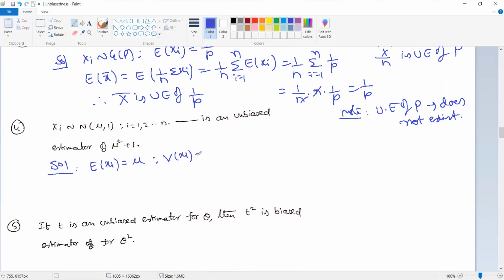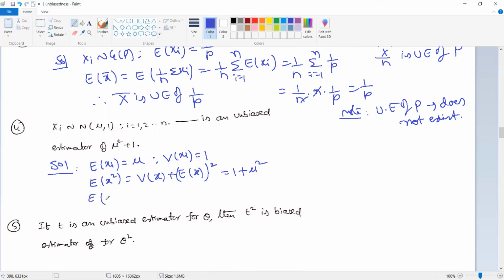Variance of Xi is equal to 1, given in the problem. So E of X square is equal to variance of X plus (E of X) whole square. Here variance of X is equal to 1, and E of X is mu, so the square is mu square.